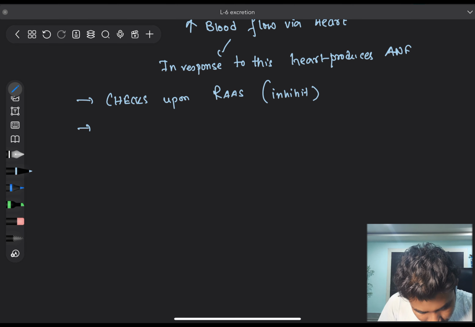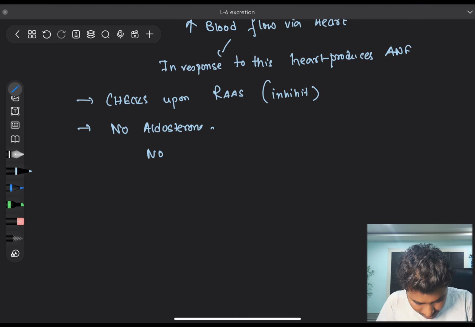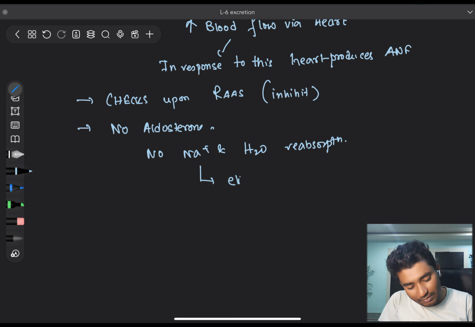Now, no aldosterone, no sodium and H2O reabsorption. So ultimately the sodium is eliminated via urine.